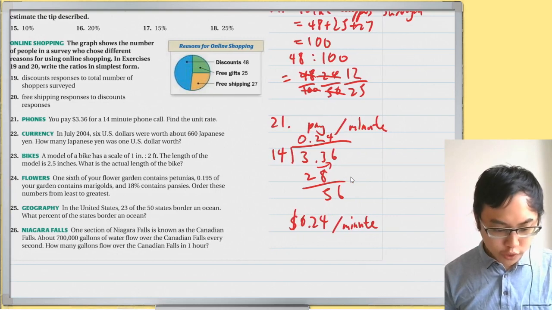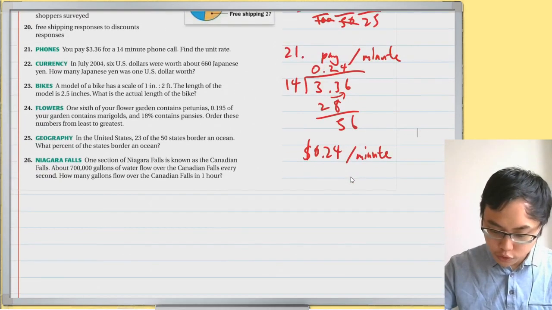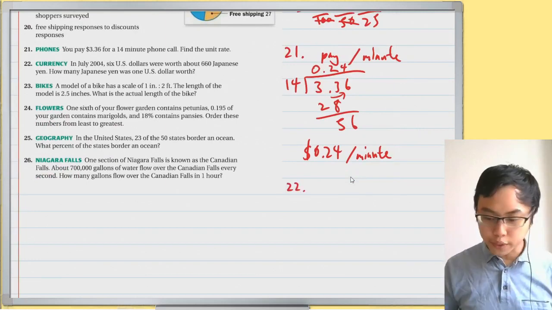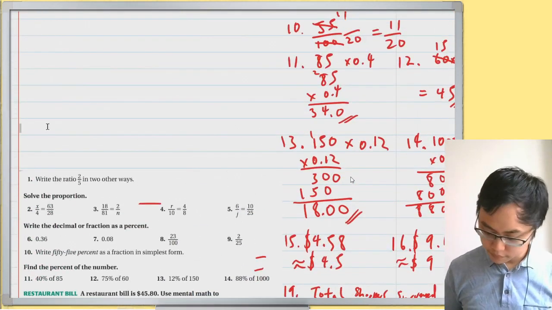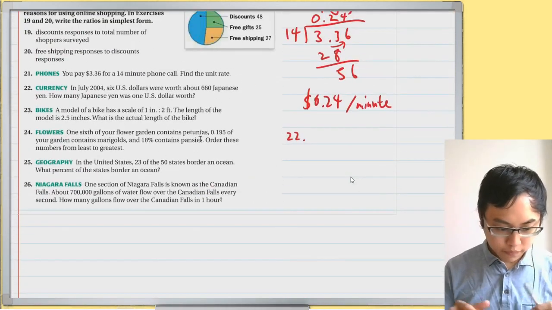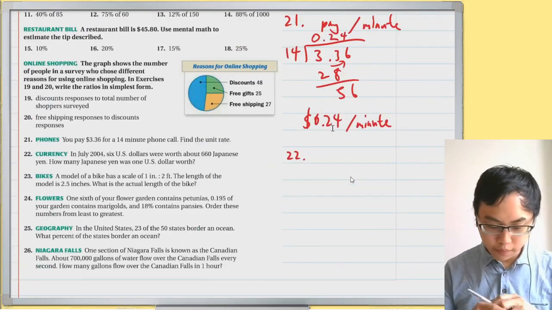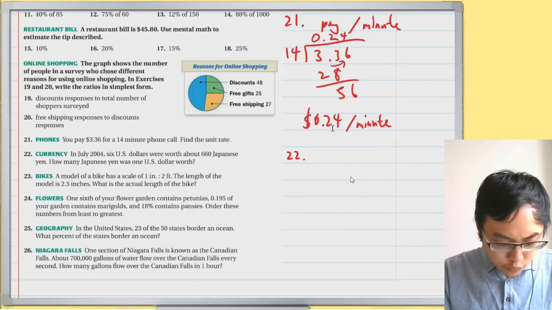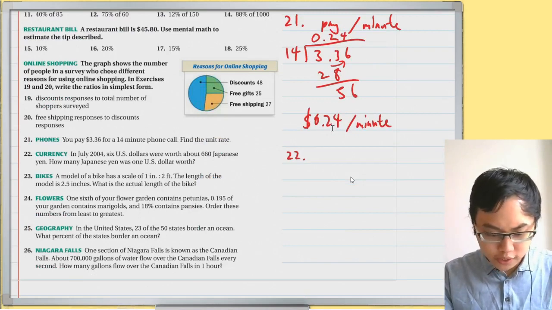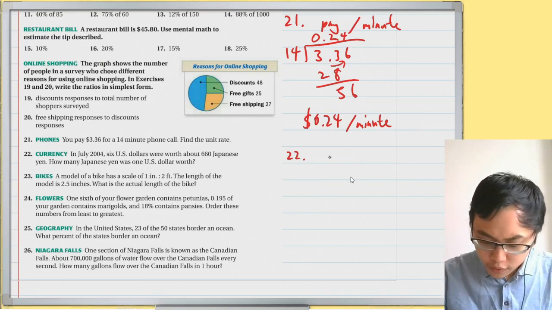Moving on to question 22, it says in July. I'll just do question 22 down here, and I will bring the question down. Let me move it down a little bit more. Is that better? Yep. So in July 2004, $6 were worth about 660 Japanese yen. How many Japanese yen was $1 worth? So we want to work out the ratio.